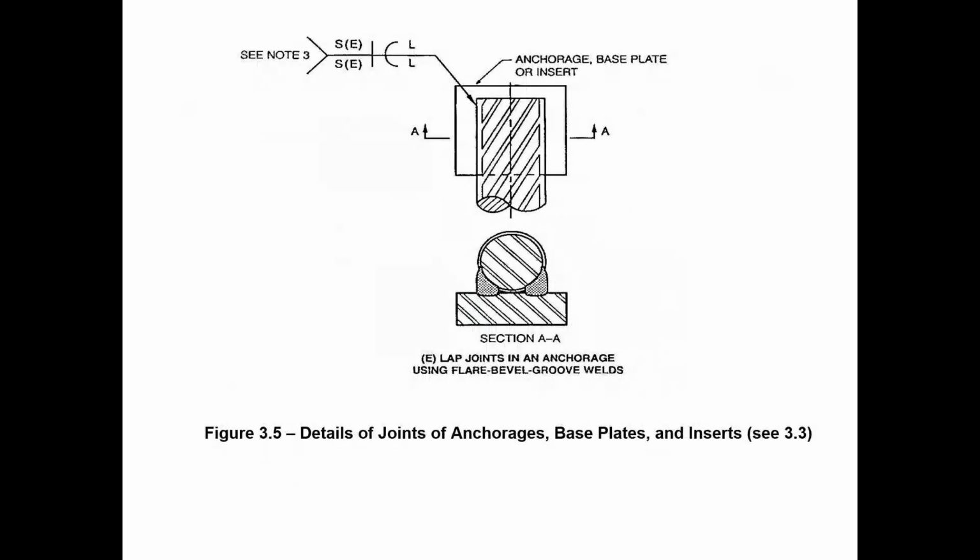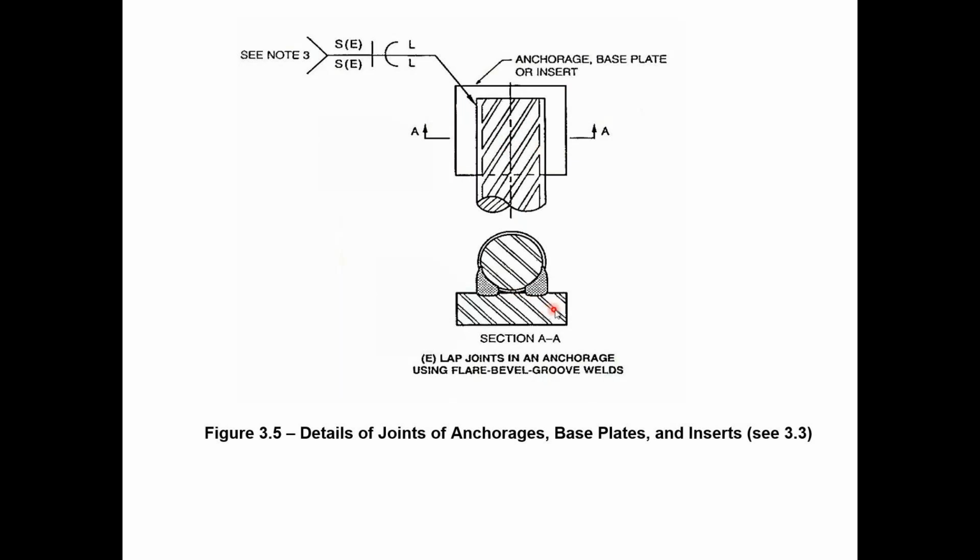This is an example of how one of those joints might be detailed. So it's giving you information about the base material, about the bar. Down here you see this is a lap joint in an anchorage using flare bevel groove welds. So in other words, this is a plan view looking down.